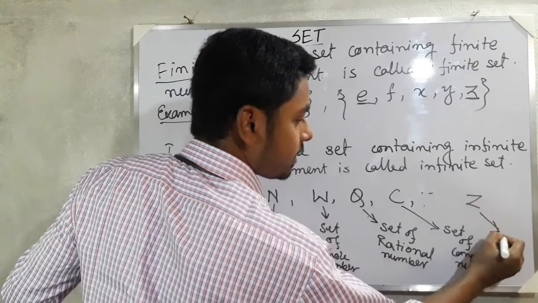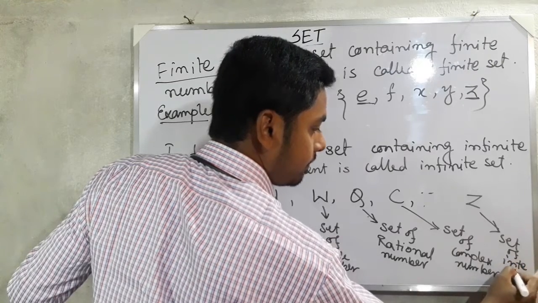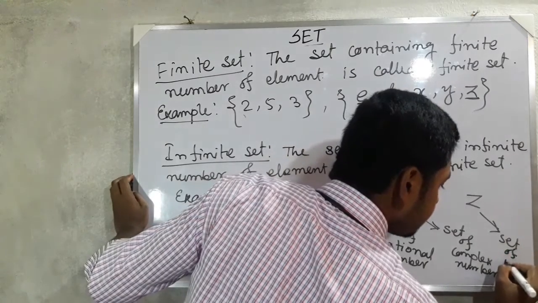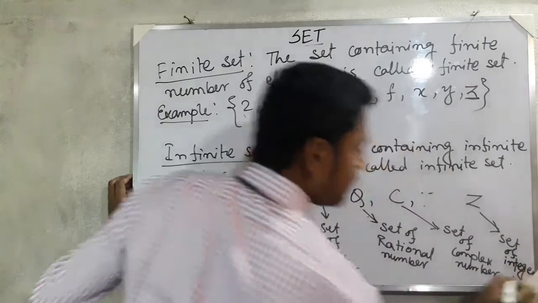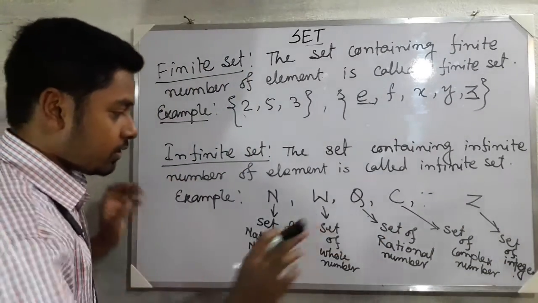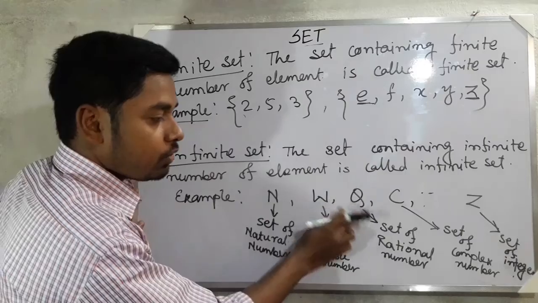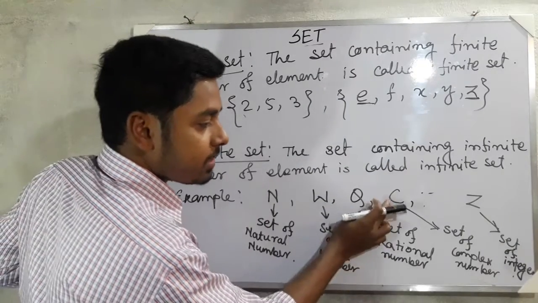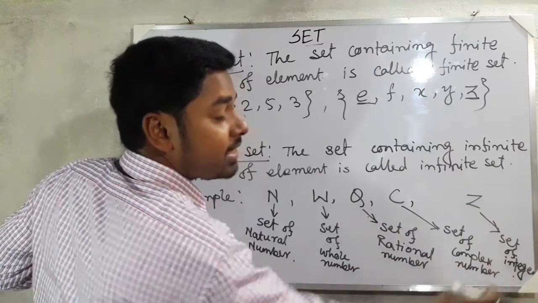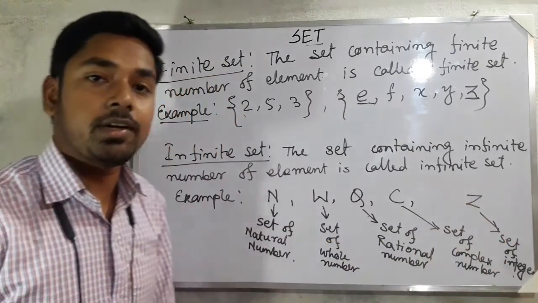Z means set of integers. Now try to understand. N means set of natural numbers. W means set of whole numbers. Q means set of rational numbers. C means set of complex numbers. Z means set of integers, positive and negative integers together.